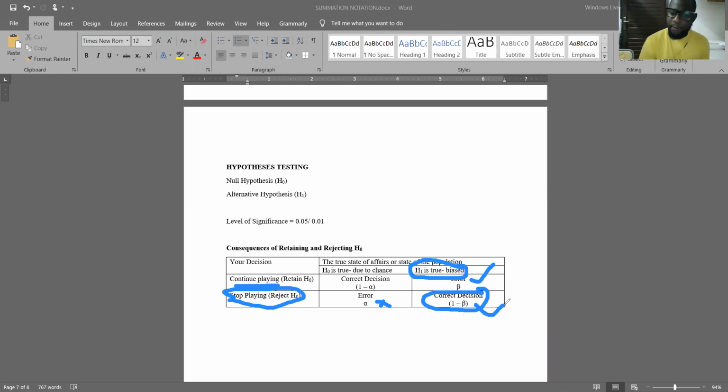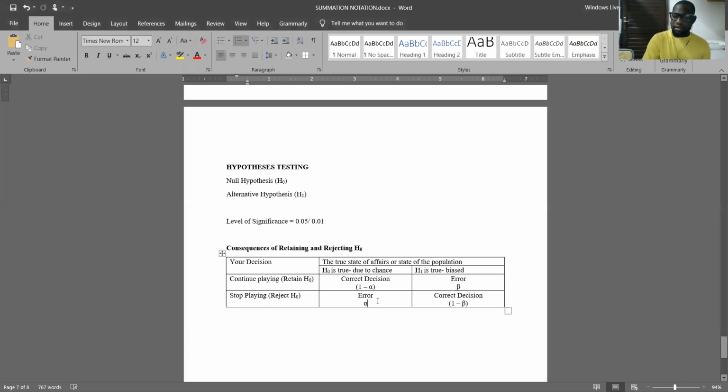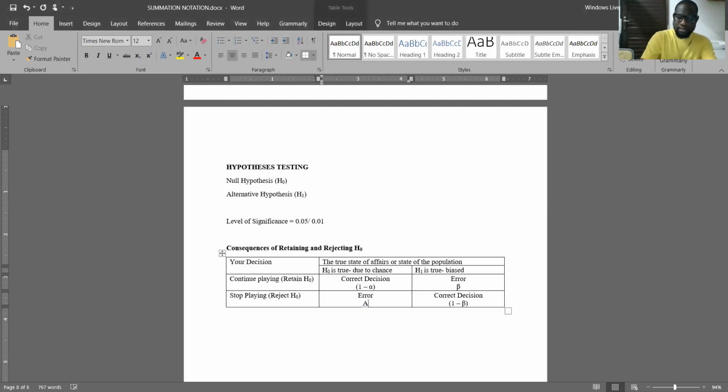So in statistics, two main errors are bound to happen. The first error, whereby I stop playing when in reality things were due to chance, we call type 1 error.